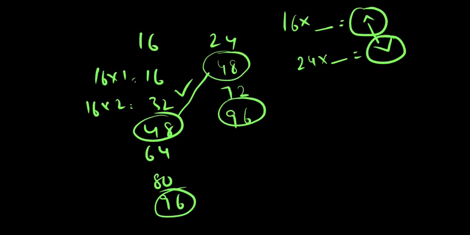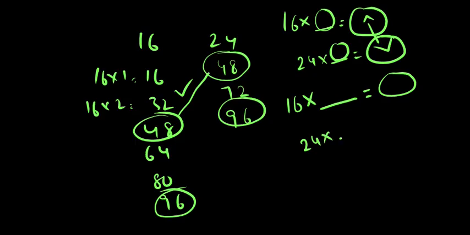If it is the least common multiple, then whatever number is multiplied to these numbers should be the least possible number. So 16 multiplied by the least possible number should give this least common multiple. For 24 multiplied by the least possible number should also give this one.